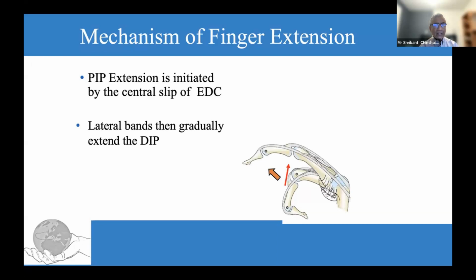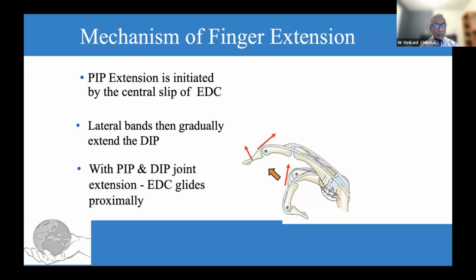With gradual increase in PIP and DIP joint motion, the extensor digitorum communis starts to move proximally. As it moves proximally, it pulls the sagittal band along with it.